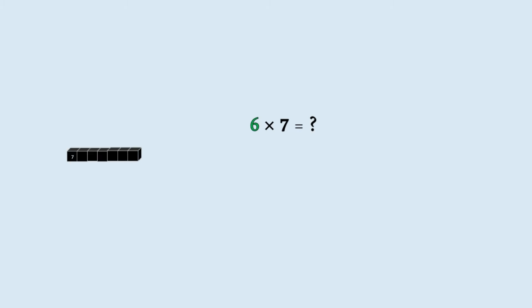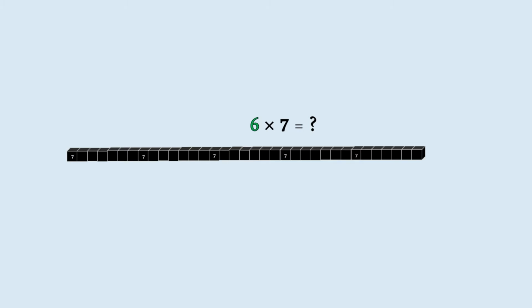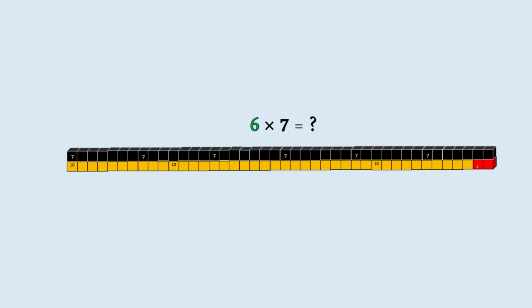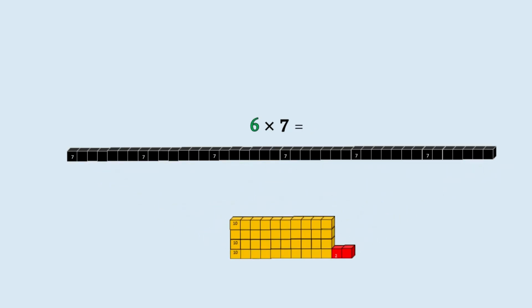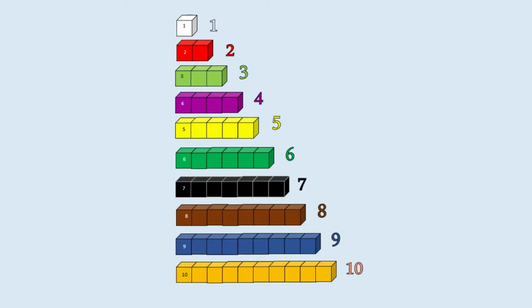Once your child understands how to use the bars to solve multiplying problems, start exploring the times table in a systematic way. Begin with the times 1 series, which is 1 times 1, 2 times 1, 3 times 1, and so on up to 10 times 1. Your child already knows the times 1 series because it's shown in this picture of the 10 bars that your child has been seeing from the beginning.